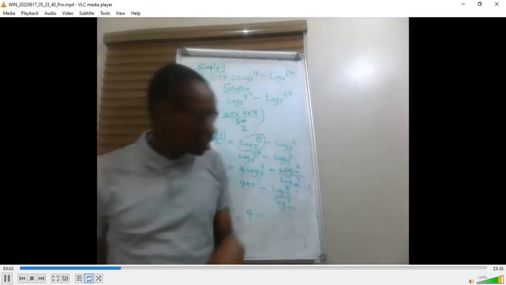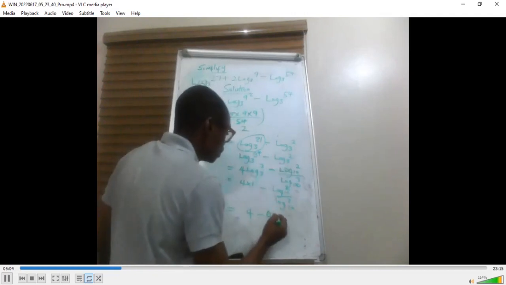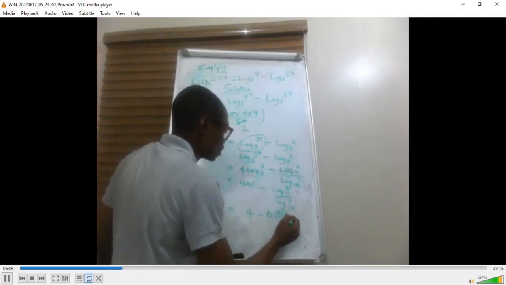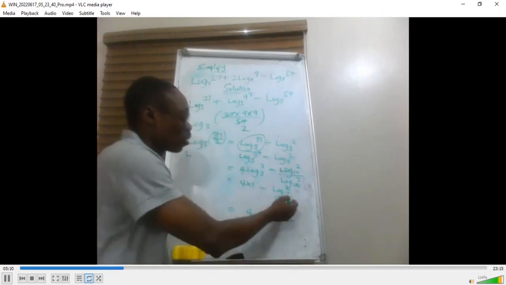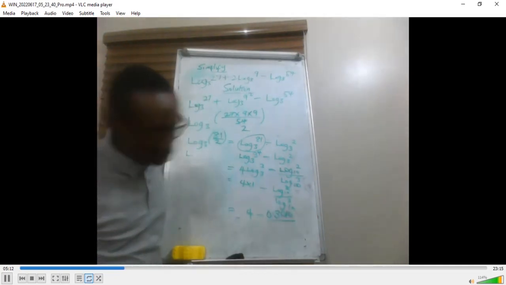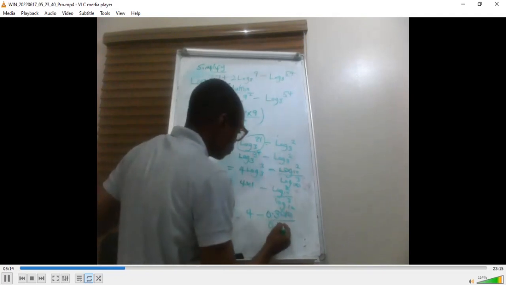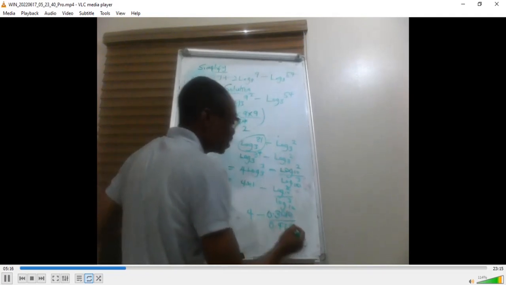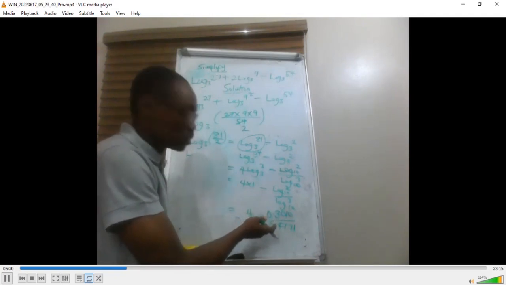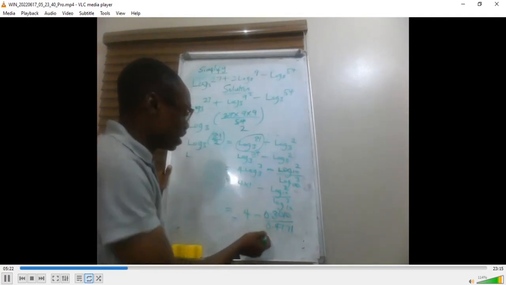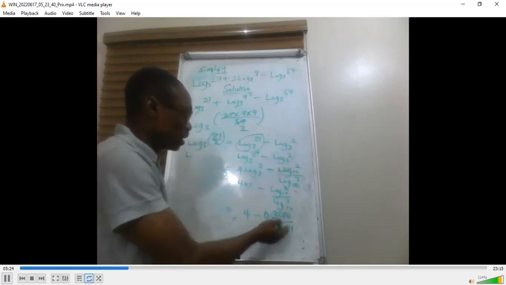So log 2 is actually 0.301, while log 3 is 0.4771. You can check that from your calculator or your tables. So at the end of the day, you can divide.